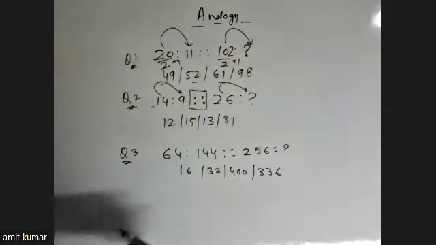Third option, 9, 7, 3, 6. Fourth option will be 9, 5, 7. Try to solve these two. Both the questions are quite easy.